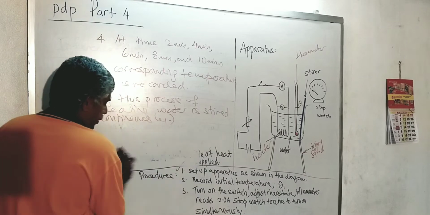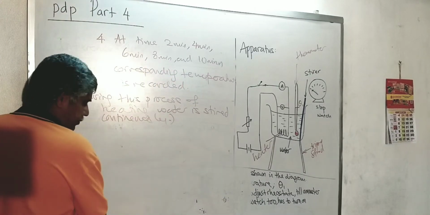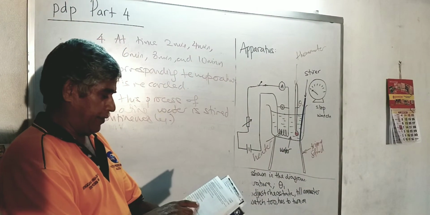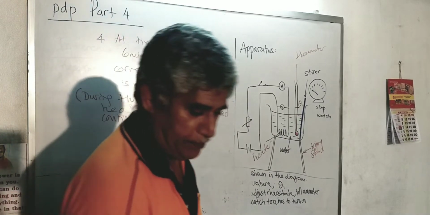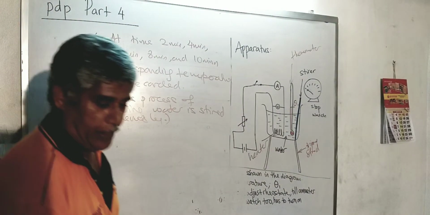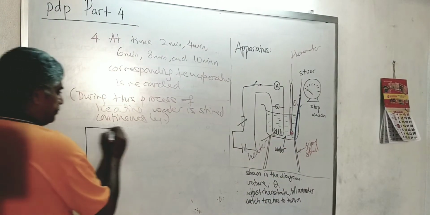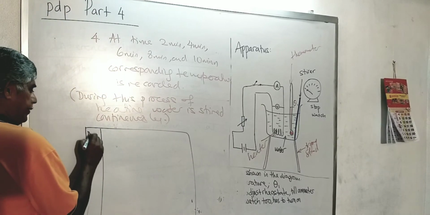Okay. Alright, the next part of the question, they ask how you record your data. If you follow the question, part 4 they ask list of apparatus, arrangement, procedure, which is done already, and the way you tabulate your data. So the way you tabulate your data is simple. Usually when you tabulate your data, put the numbering.